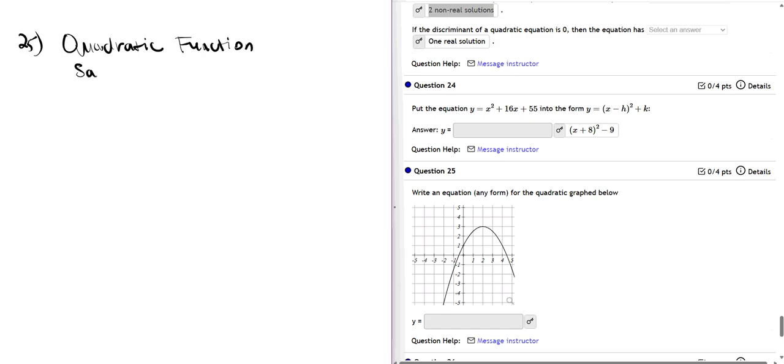It's sad, so lead coefficient, when I say sad, it's just a shorthand way of saying it's opening downward. It looks like a sad face. So the lead coefficient has to be negative.